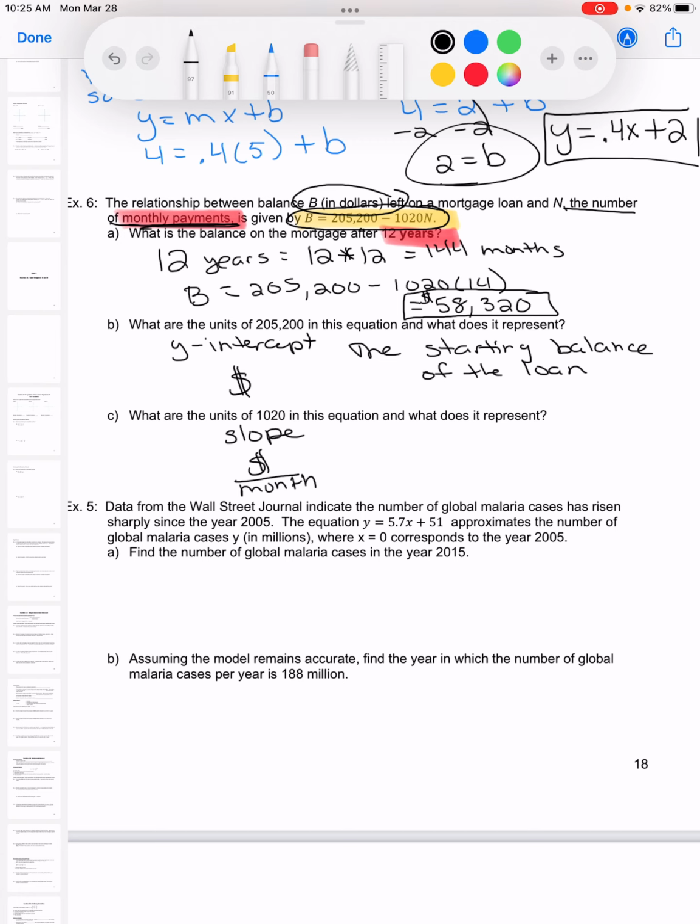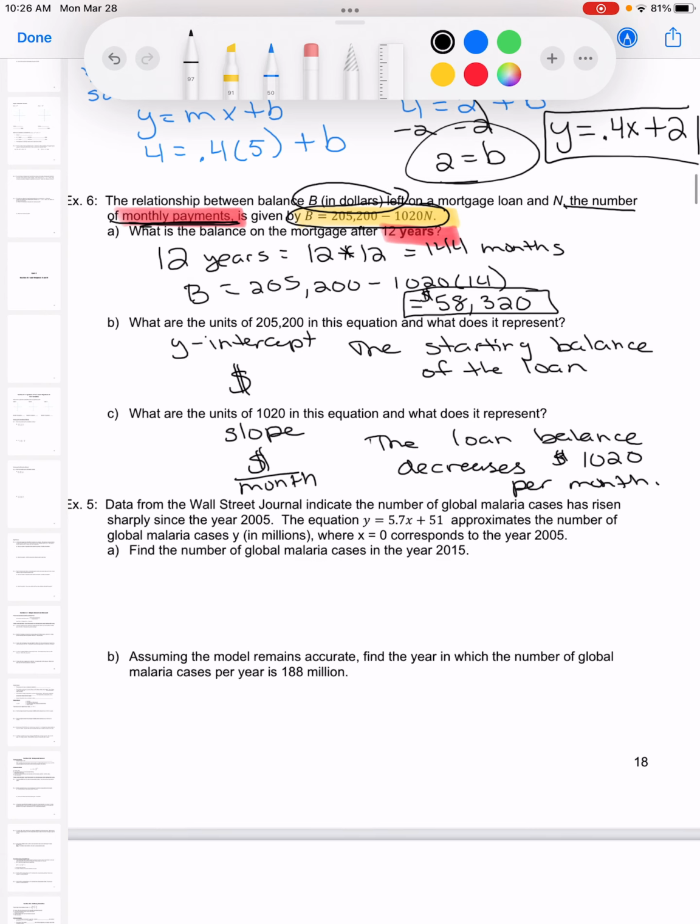We also could say that the loan balance decreases, because it's negative, we haven't seen a negative yet, decreases $1,020 per month. So kind of going back to those concepts that we looked at on the first page of this section.